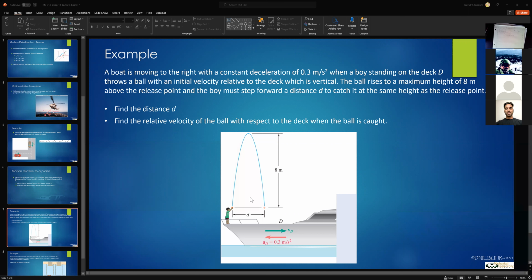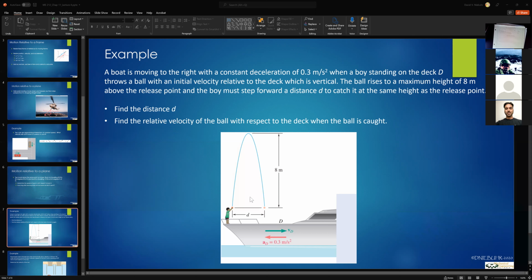So you have the ball, the boy throws it in the air, and when he throws it in the air, it has an initial velocity the same as the deck in the x direction. But the difference is, once he throws the ball, and we're neglecting air resistance, it's going to maintain its initial x velocity, whereas the deck itself is actually going to slow down.